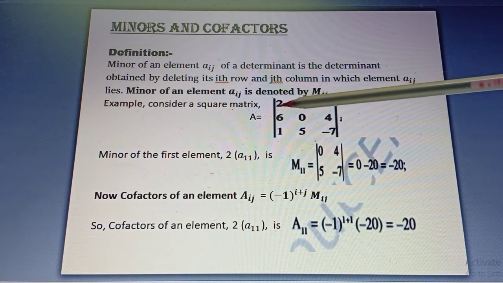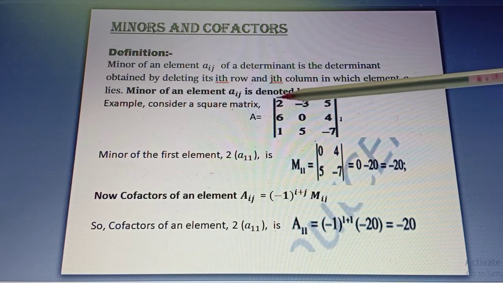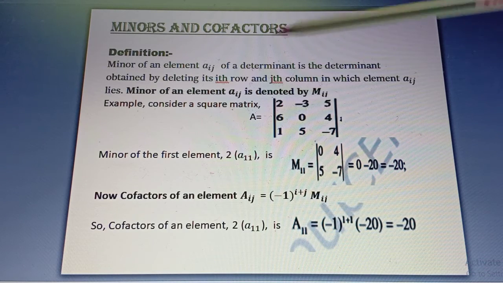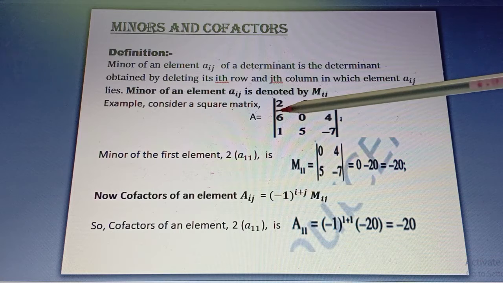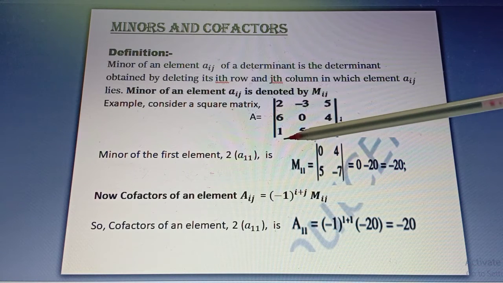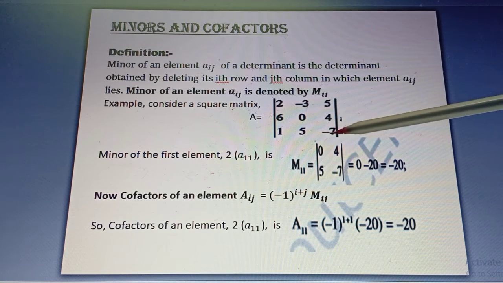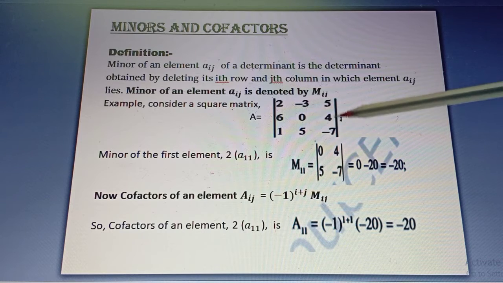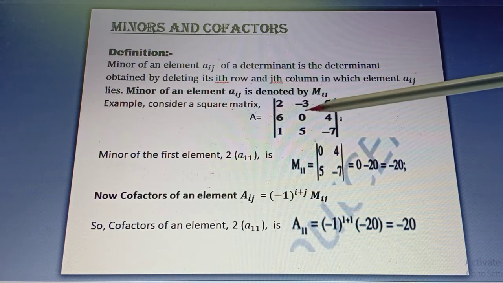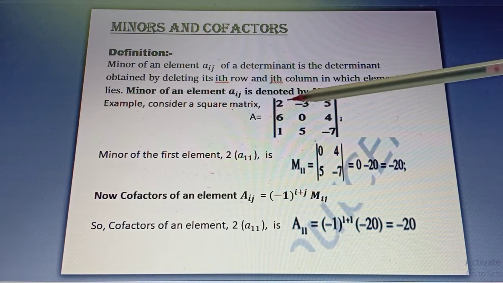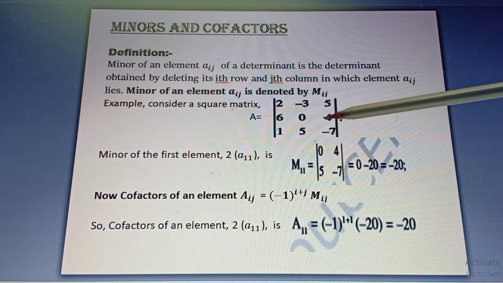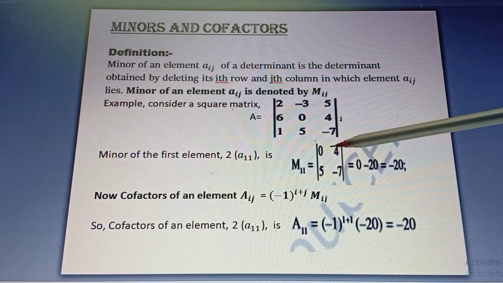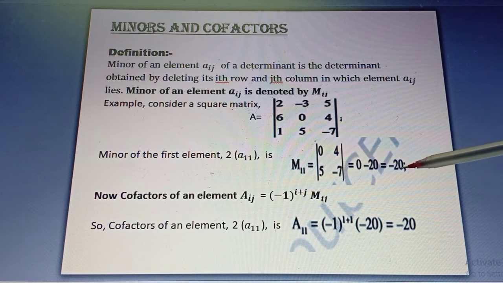In order to find the minor of this element, we have to delete its corresponding row, first row, and first column. Then the rest of the elements will form a 2 cross 2 determinant, and it is nothing but the minor of this element. These are 0, 4, 5, minus 7, and after expanding this we will get minus 20.